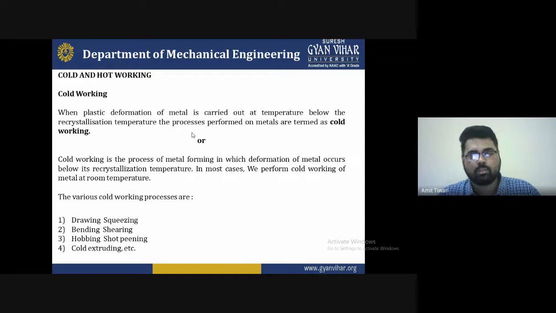First of all, just keep in mind the simple definition: plastic deformation of a metal carried out at a temperature below the recrystallization temperature. If deformation is performed above the recrystallization temperature, it is not cold working.